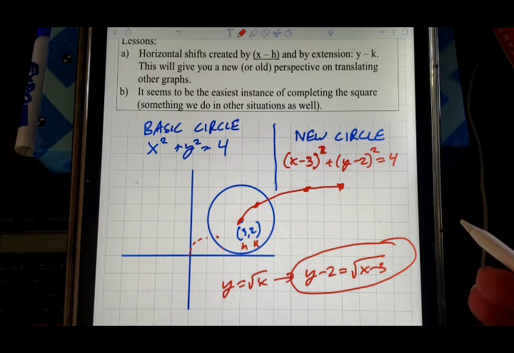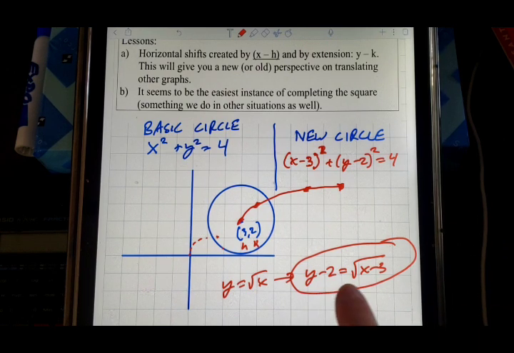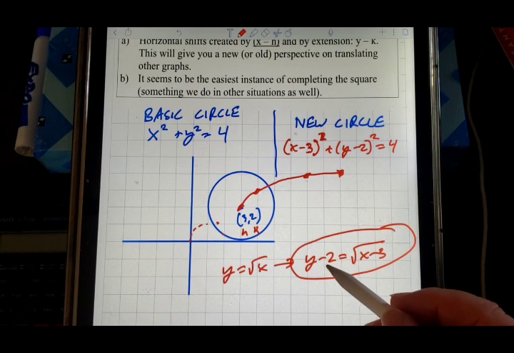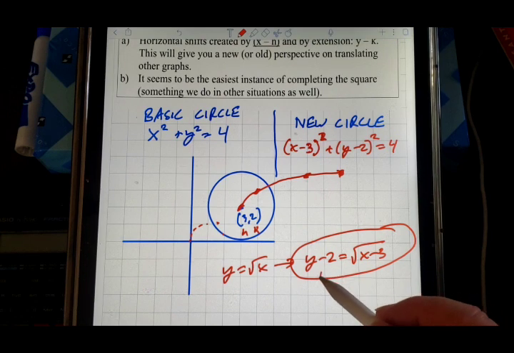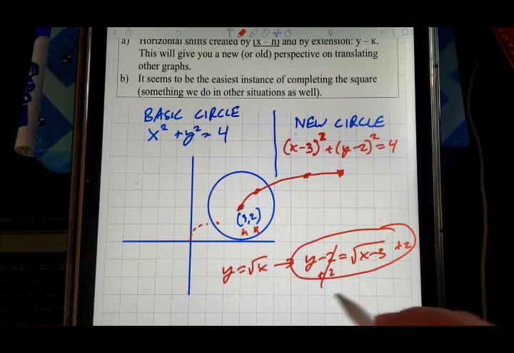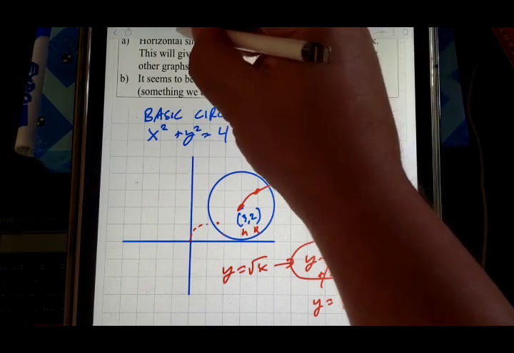It's not the answer to any question because we don't write functions with y minus 2 in them. I'm obligated to add 2 to both sides to cancel this, and so I get y equals the square root of x minus 3 plus 2.